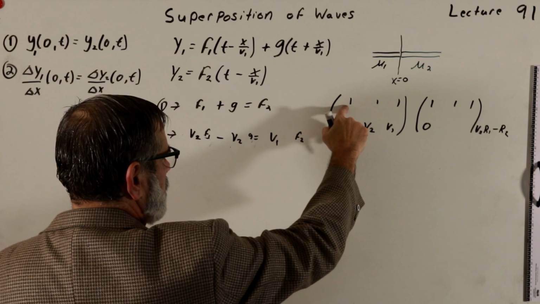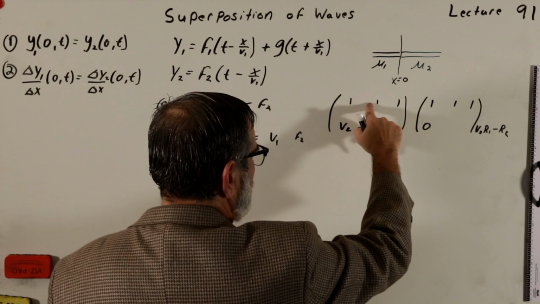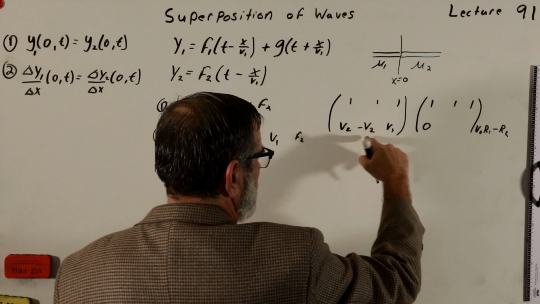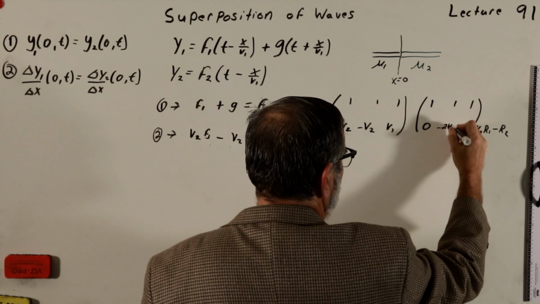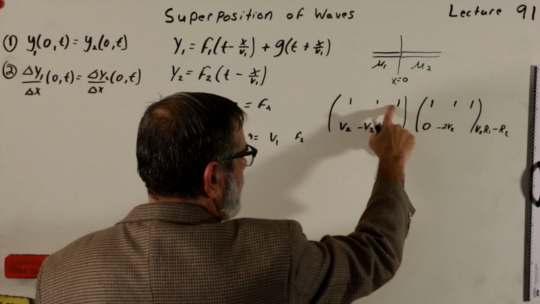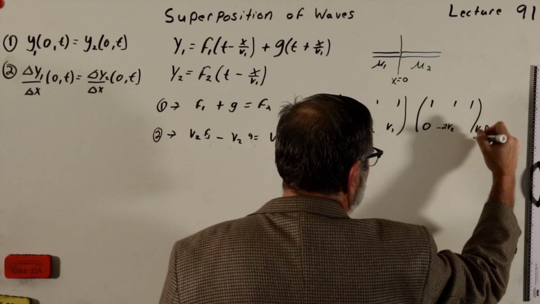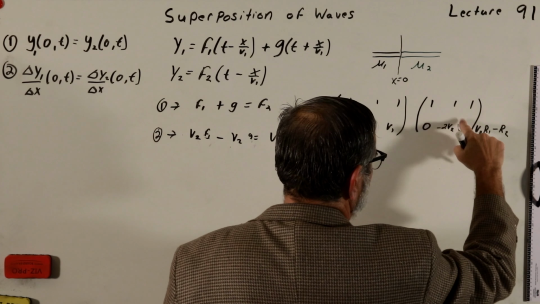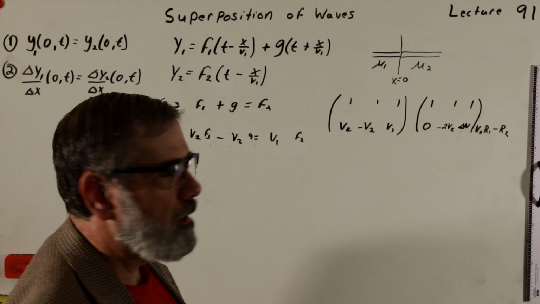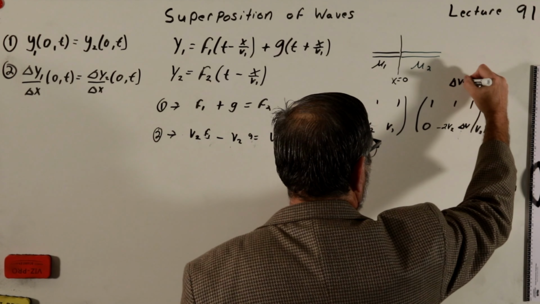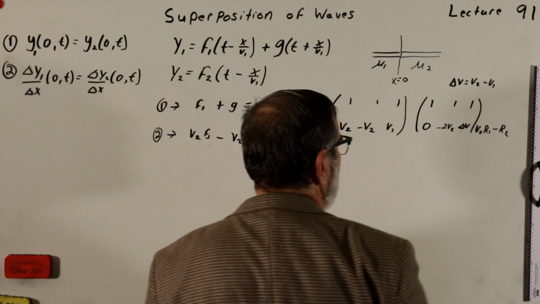So v2 times this minus this is 0. v2 times this minus this is minus minus, so that's minus 2v2. And v2 minus v1 I'm going to write as delta v because I don't have a lot of room there. So just make a note: delta v equals v2 minus v1.